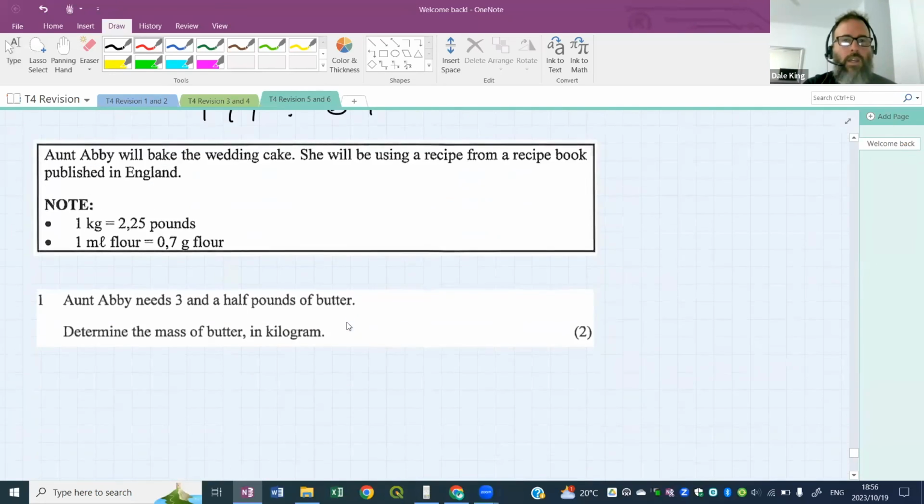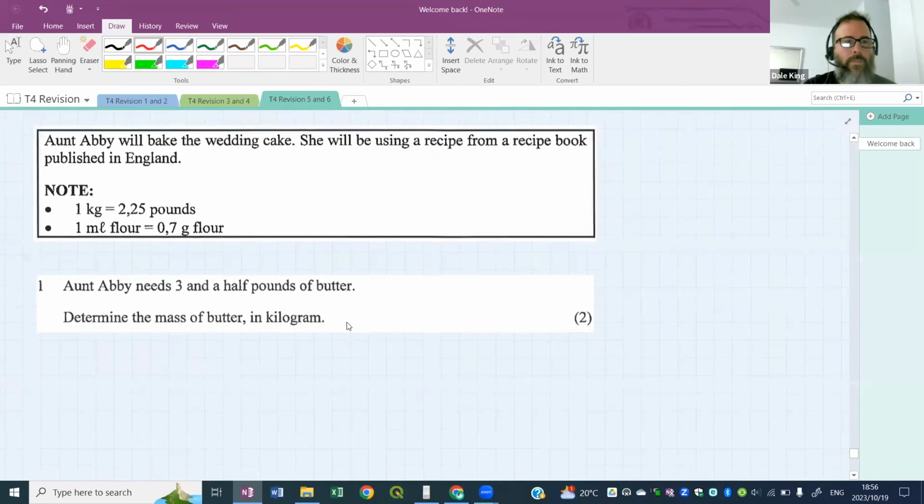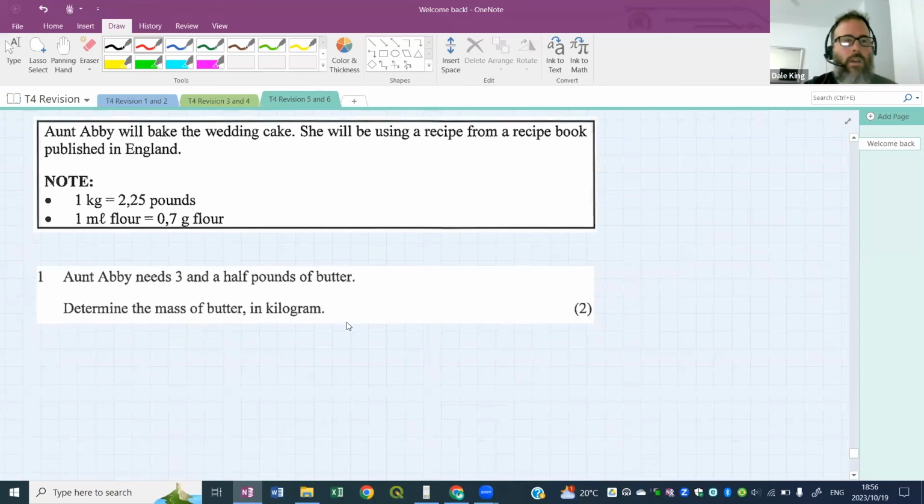Auntie Abby's baking a cake, and this is the recipe. She'll be using a recipe from a recipe book published in England. All right, let's see if we can do some of these. Number 1, Auntie Abby needs 3.5 pounds of butter. Determine the mass in kilograms.